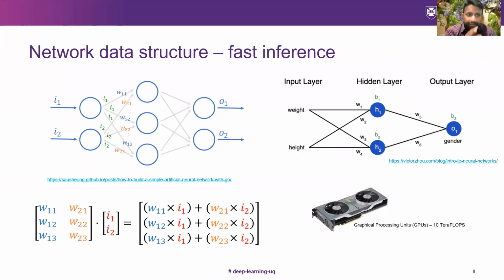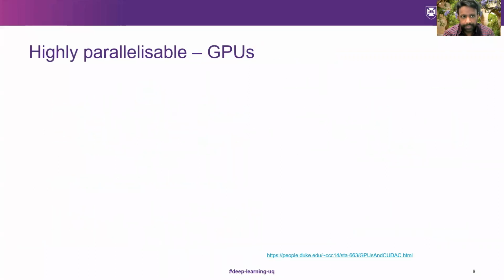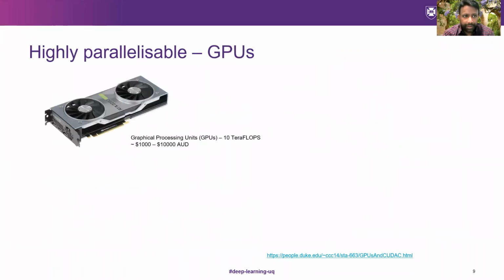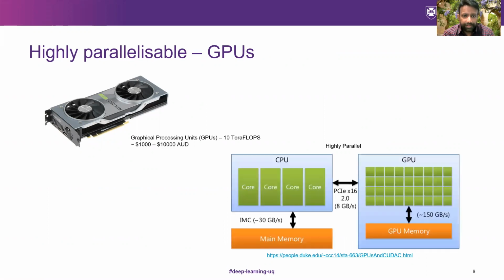And so what you get is the ability to basically run through these networks and train these networks really quickly. And that's what we talk about here, where we have highly parallelizable architectures. So basically, in a traditional computer, you have a CPU with a handful of cores, maybe 4, 8, 16, and memory. In a GPU, you have very large number of small threads, thousands, in fact. And you basically try to transfer as much information as possible, and you can do things in parallel.